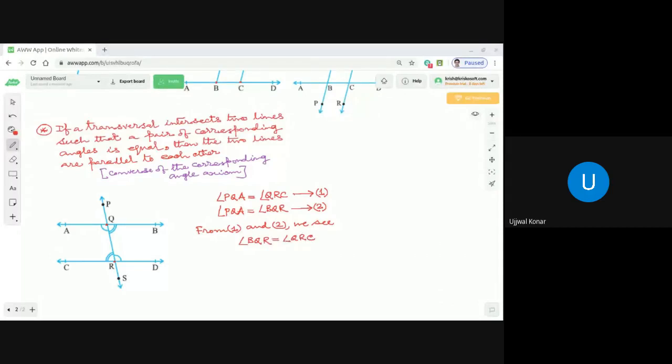In the similar manner, the way I proved it, you can also show that angle AQR is equal to angle QRD. So similarly, what we can show is that angle AQR is equal to angle QRD.